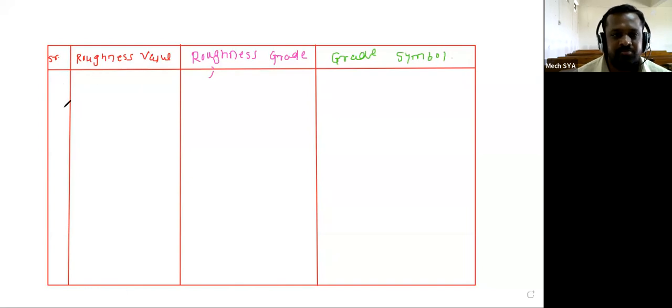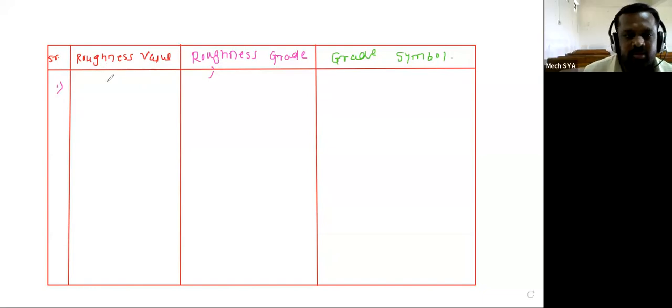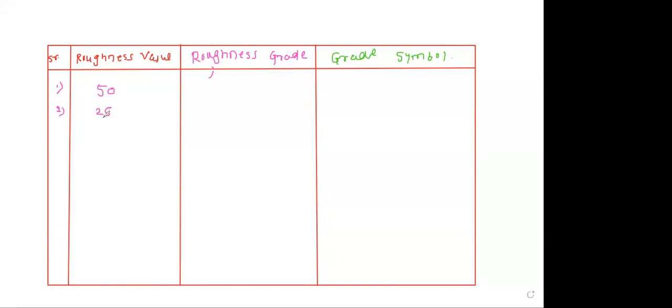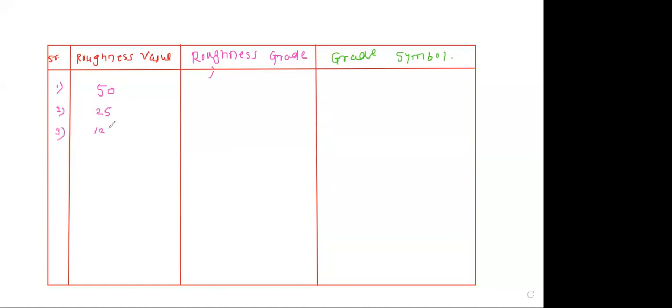Can I take the first symbol? Now please tell me what is the first surface roughness value? 50. First we will write the surface roughness values here. The first is 50, then the second, 25. Then third, 12.5.